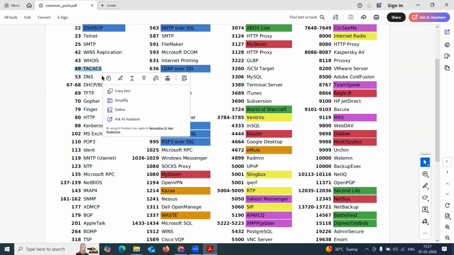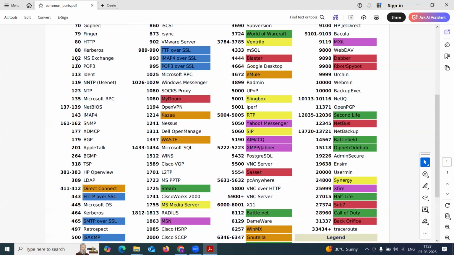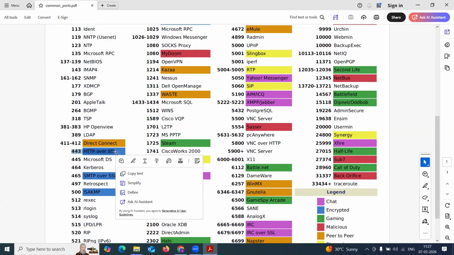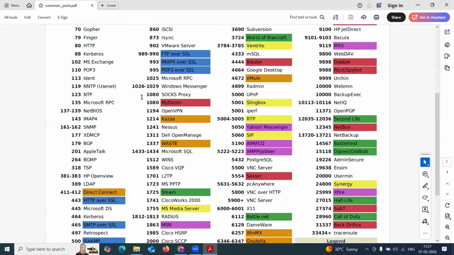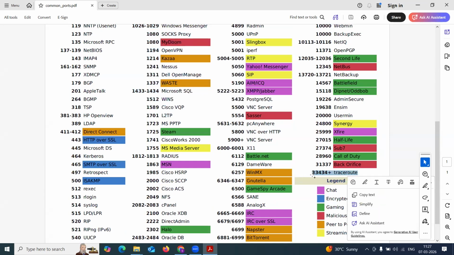We use 49 for TACACS, 69 for TFTP, 443 for HTTPS over SSL. Same way, we have multiple port numbers. So after 1024, we have 1025, 1026 and so on. So many ports are there. And so many port numbers are not listed here between 1024 to 65,535.